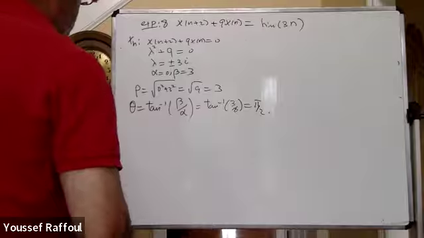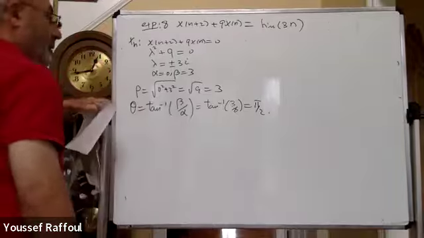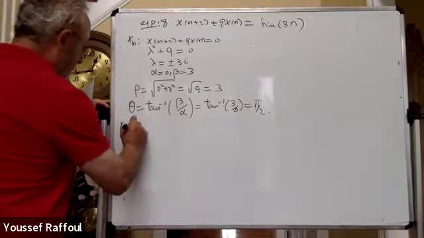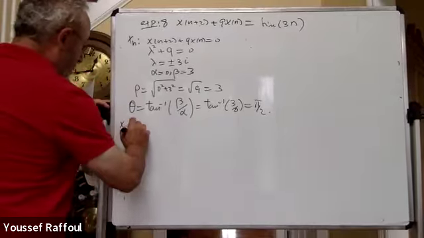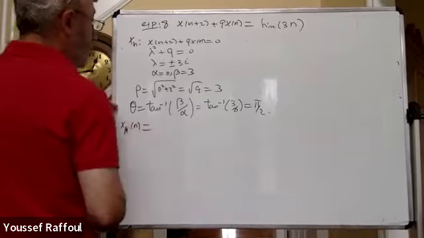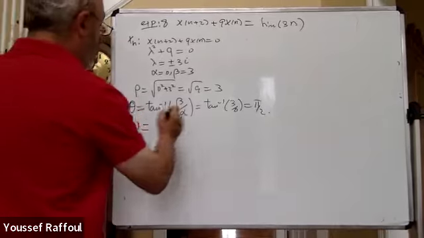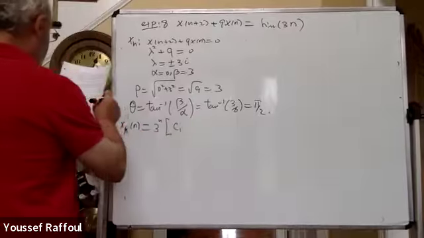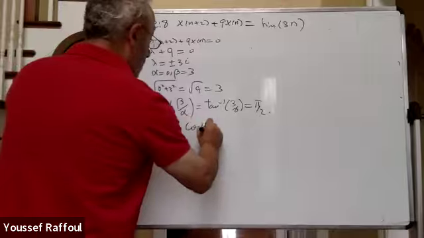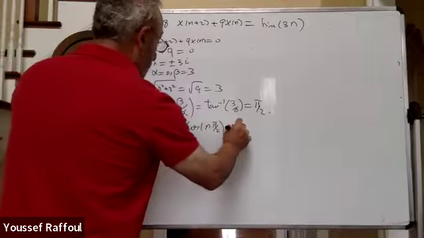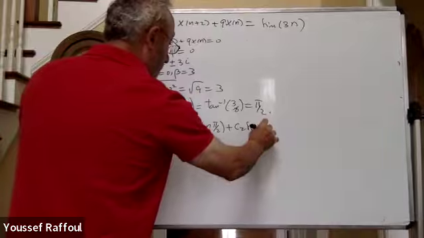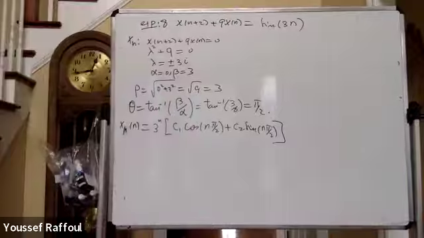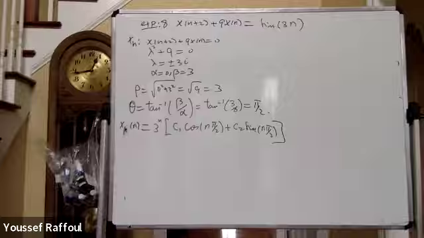So the solution xh of n, remember what the solution is going to be, rho to the power n, 3 to the power n, c1 cosine n pi over 2 plus c2 sine n pi over 2. So that is the xh.